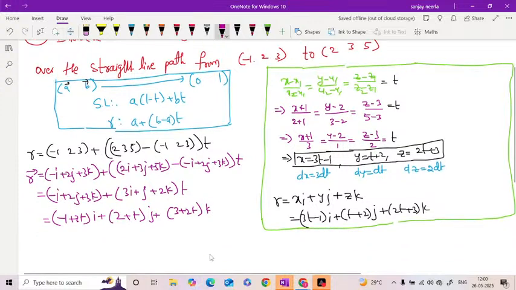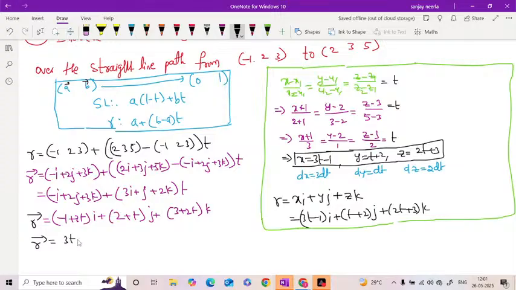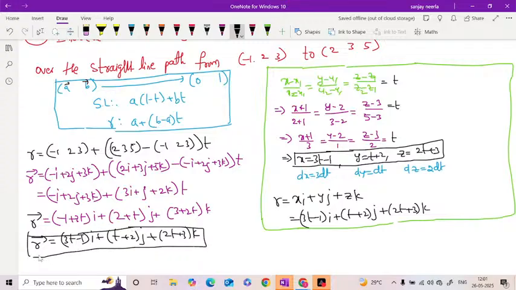Anyway, we already derived this vector. So r is equal to 3t minus 1 into i plus t plus 2 into j plus 2t plus 3 into k. And in this one you have to take our t limits as 0 to 1 only. So this is the second way.